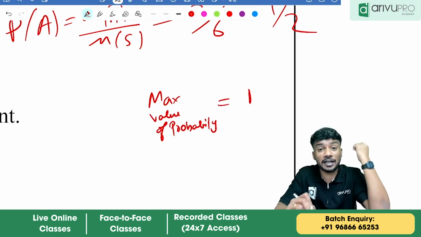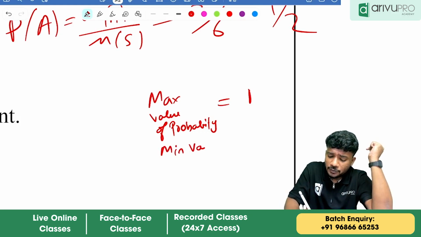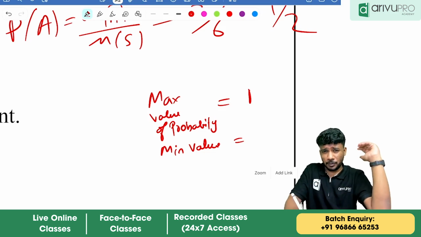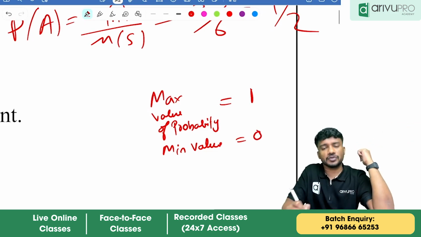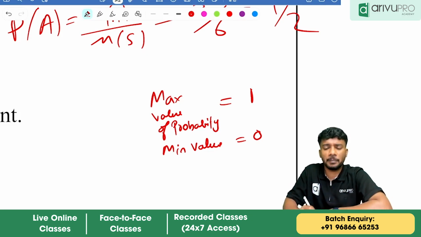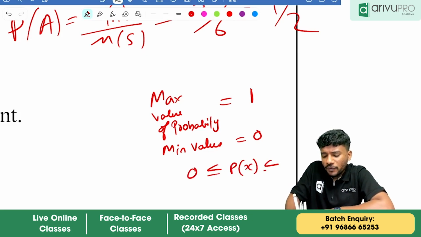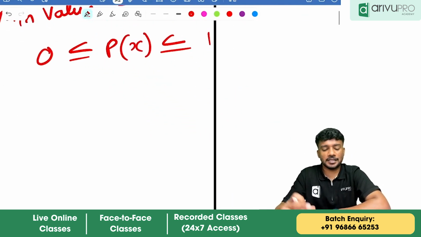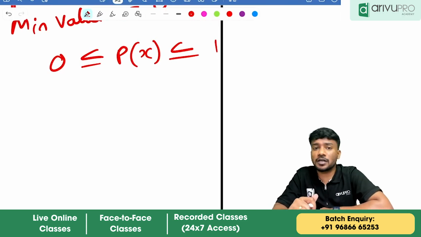The maximum value of a probability is 1, while the minimum value is how much? Can the probability of an event be negative? It can never be negative. It will be 0. So always remember, the P of X value will always be between 0 and 1. Remember this, important. The probability value is always between 0 and 1.